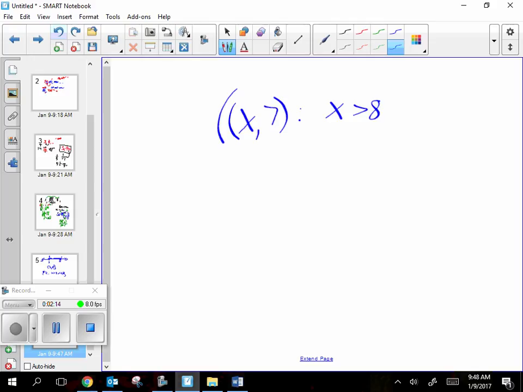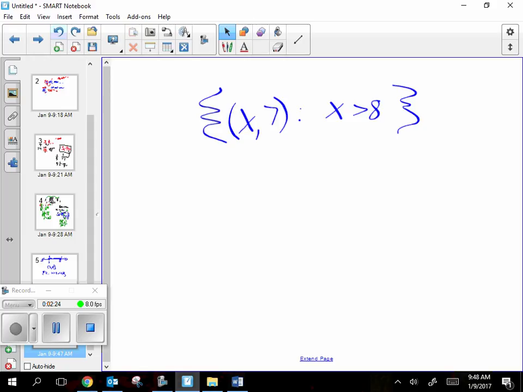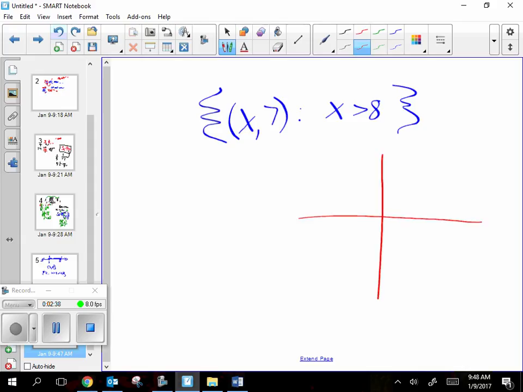Actually, I should have these little scripty things on the end for set builder notation. Again, the graph on this, since we have an X and a Y, is 2-dimensional. I'll pause while you try that.